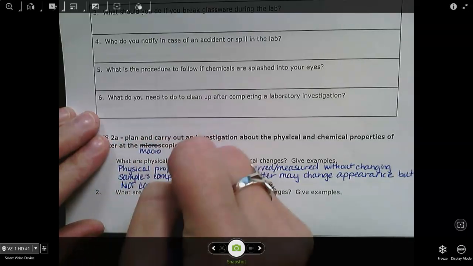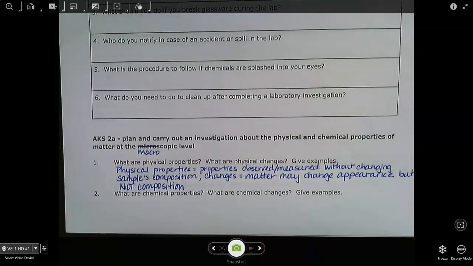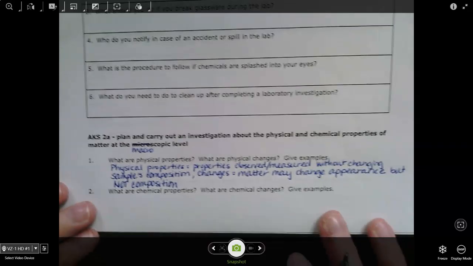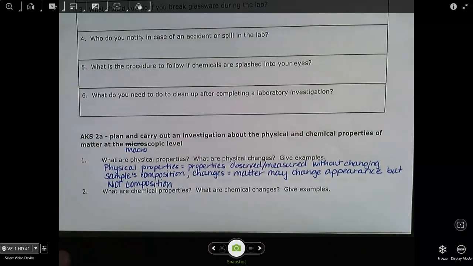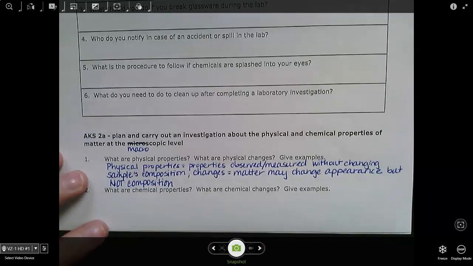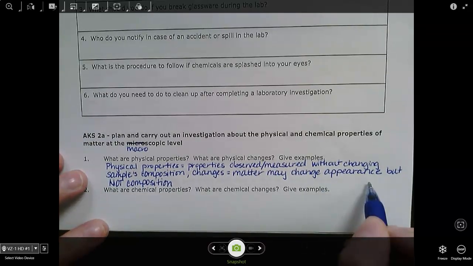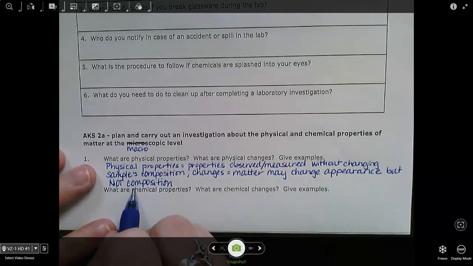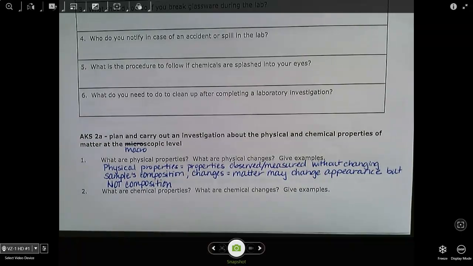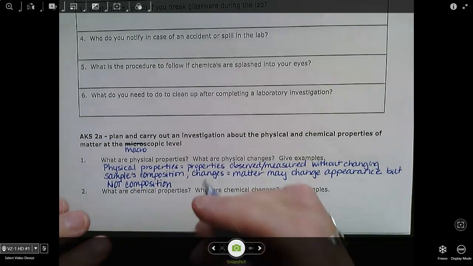For example, when water melts from its state as ice into a liquid, it goes from solid to liquid, it doesn't look the same anymore because now it's no longer an ice cube, it's liquid water, but it is still H2O, it is still water. So that's why you can see a change in appearance, but not composition. Whatever chemical formula it had, it still has that same chemical formula.